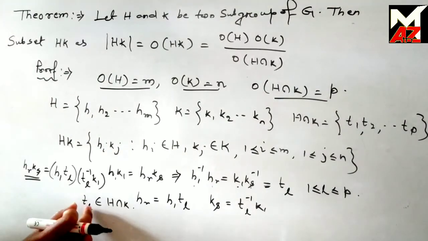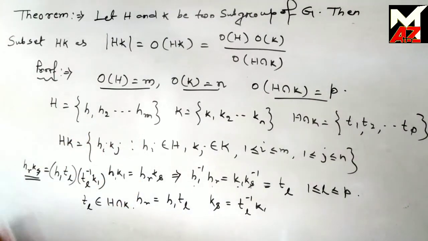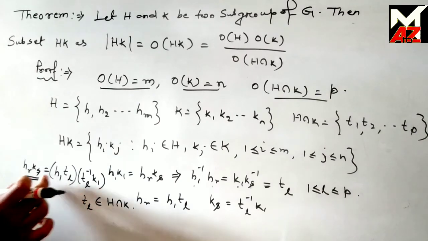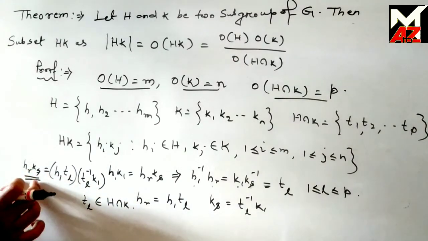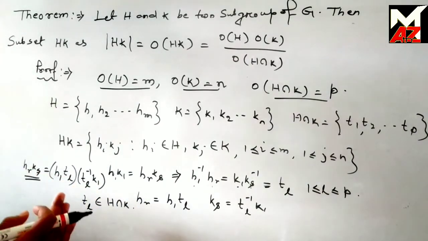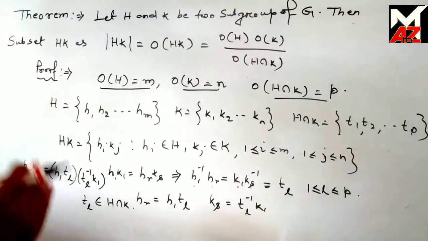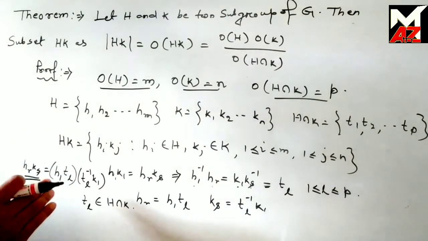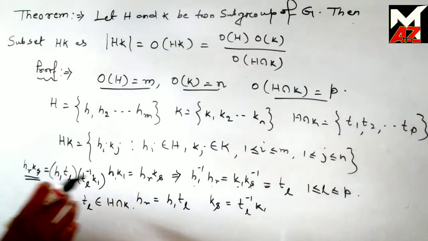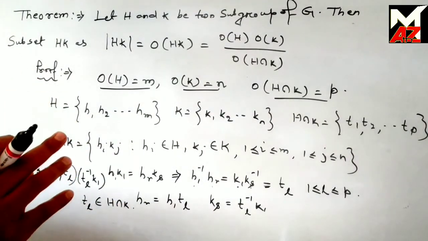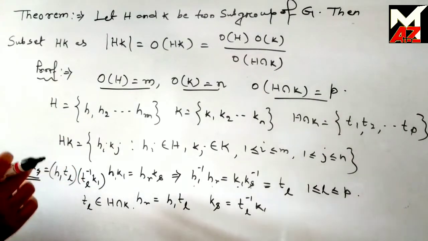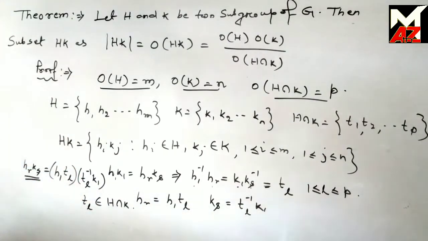Now if we take tl as t1, then there is an expression of hr into ks. Similarly, if we take t2 in place of tl, then we get another expression, and for all the tl, we get another expression of hr into ks.